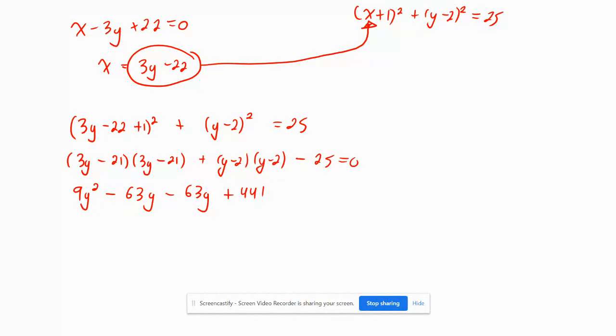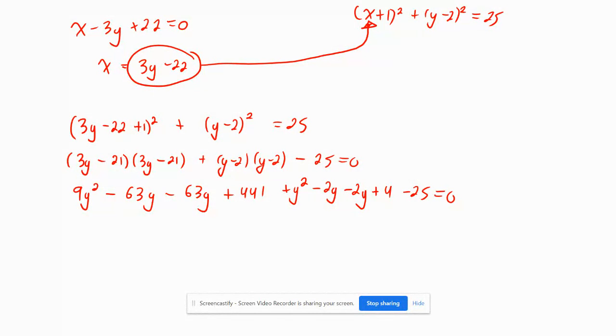Twenty-one times 21 is 441. Okay, and I'm going to clean this expression up a bit.